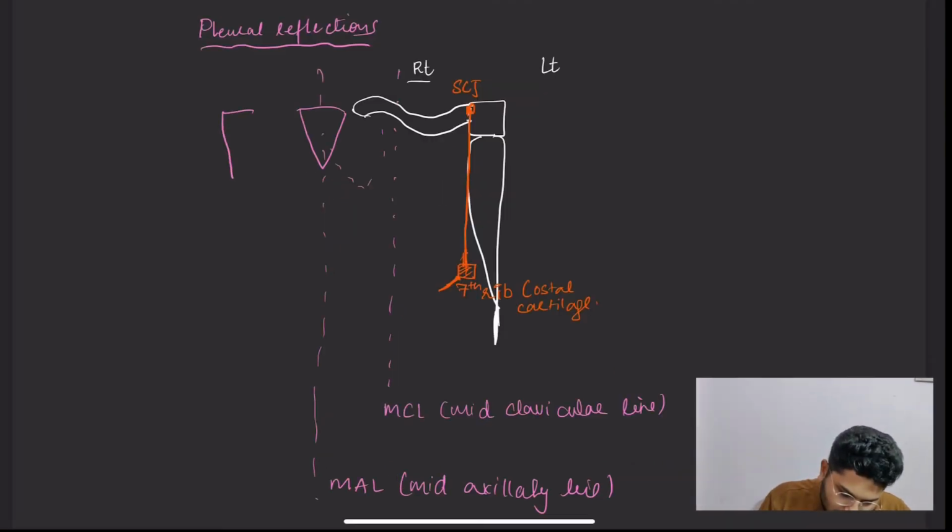Opening up for the diagram, if this is the scapula, this is called the MSL or mid scapular line.